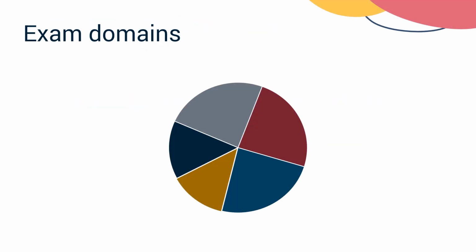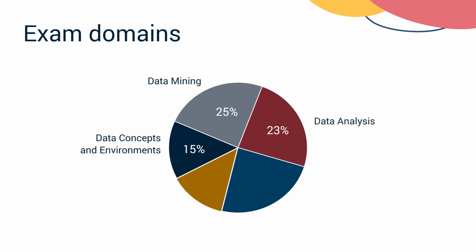The CompTIA Data Plus exam covers a variety of topics, but they each fall within one of 5 domains. Data concepts and environments covers data structures, types, and databases, and comprises 15% of the exam. 25% will focus on data mining, collecting, and analyzing datasets to uncover insights. 23% of the exam is on data analysis, applying statistical methods and tools to interpret data.